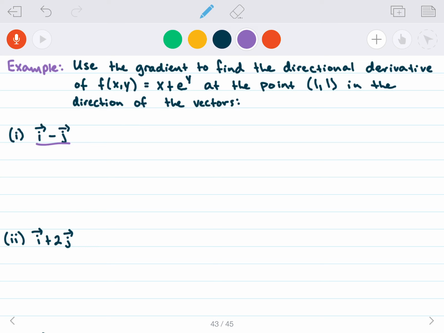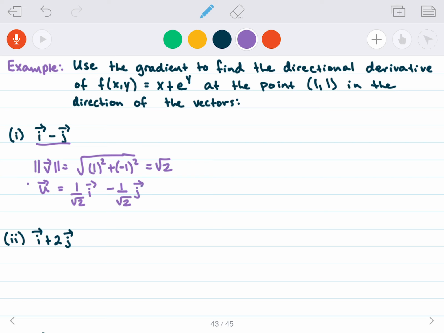So how can we do that? Well, I just mentioned that the magnitude of this vector that we were given is going to be square root of the squares of the components. So that's just root 2. And so to figure out the unit vector, I can just take my original vector and divide the components by root 2. So I have 1 over root 2 i minus 1 over root 2 j.